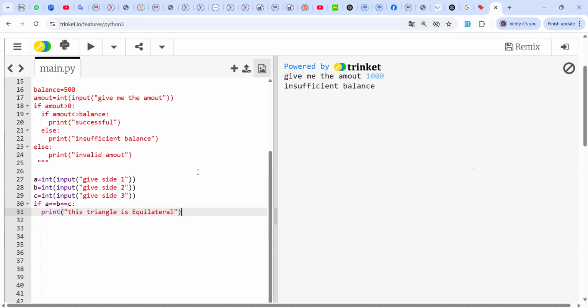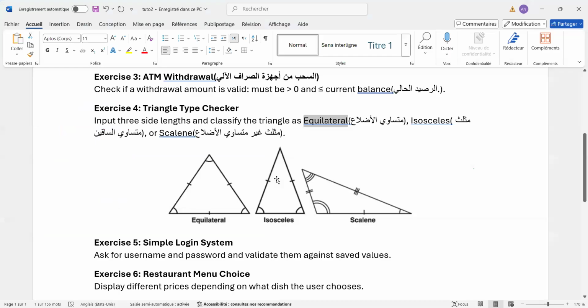And the other one, we have A, for example, A is equal to B, or A is equal to C, or B is equal to C.